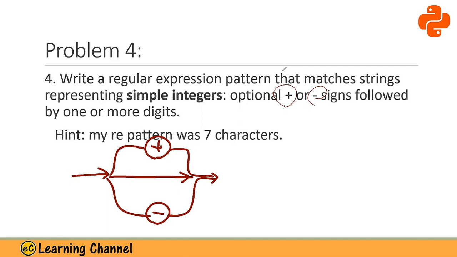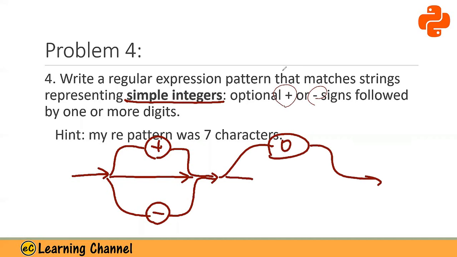Then you get to the integer itself, a simple integer. You may have a single 0 and get out. Other than that, you should have a leading digit 1 to 9.